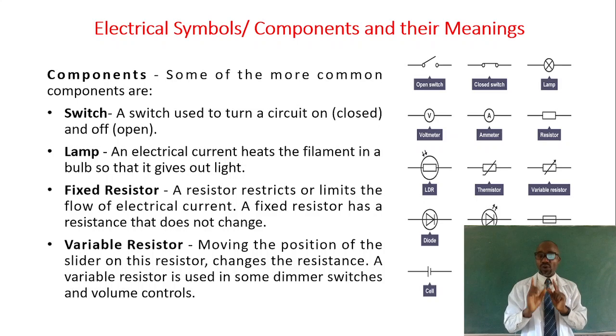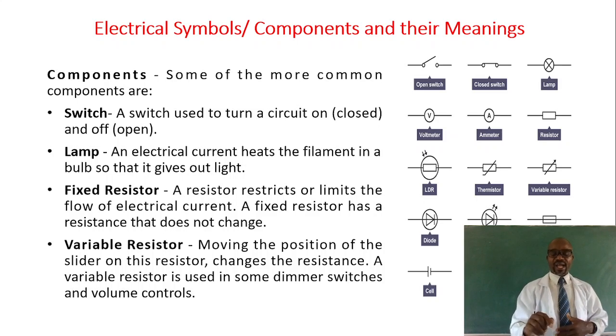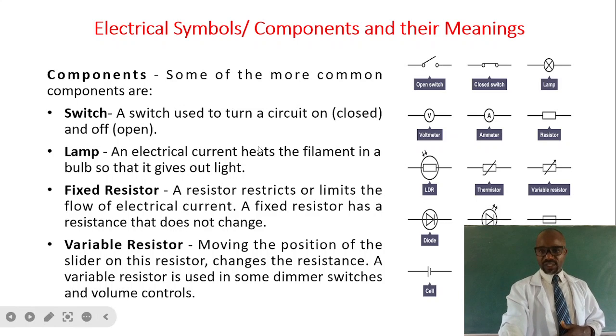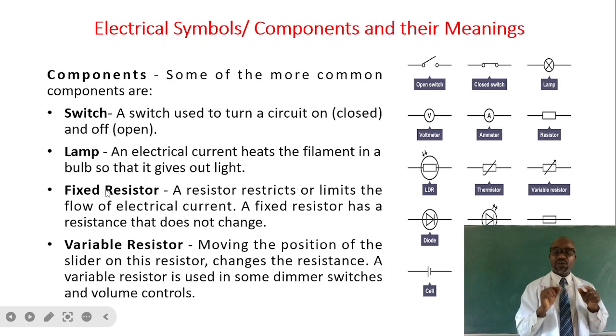That's what a lamp does, and we have the symbol here. Look at the symbol for the lamp. It could be represented with another symbol, but very similar to this.